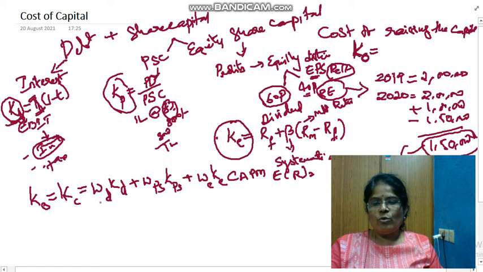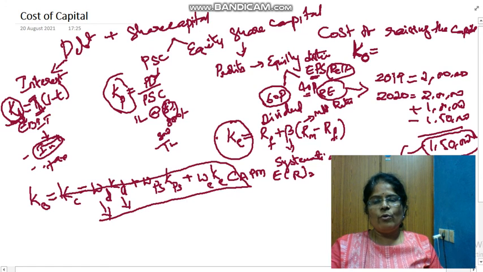You know how to calculate the weights, which was discussed in the previous video. So adding up all these is going to give you the cost of capital.